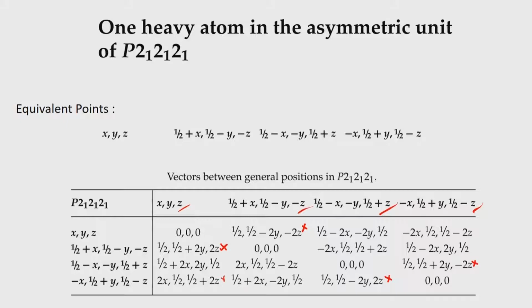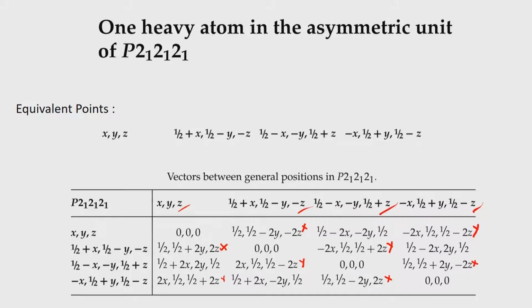I am marking it as y, and then y equals half is here, then y equals half is there, and y equals half is there. So, once again you see it belongs to 4 equivalent points.